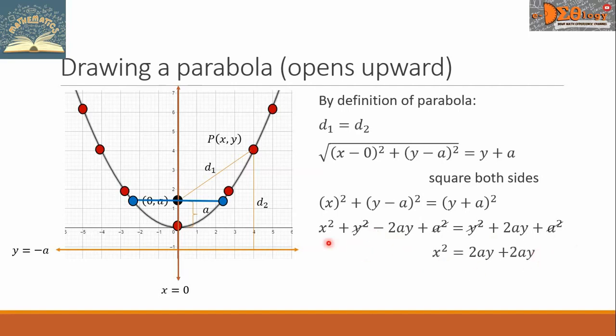The left side is now x squared equals, the right side is 2ay plus 2ay. Combining the right side terms, we have 4ay. It means we now have the equation of the parabola with vertex at origin and opens upward.